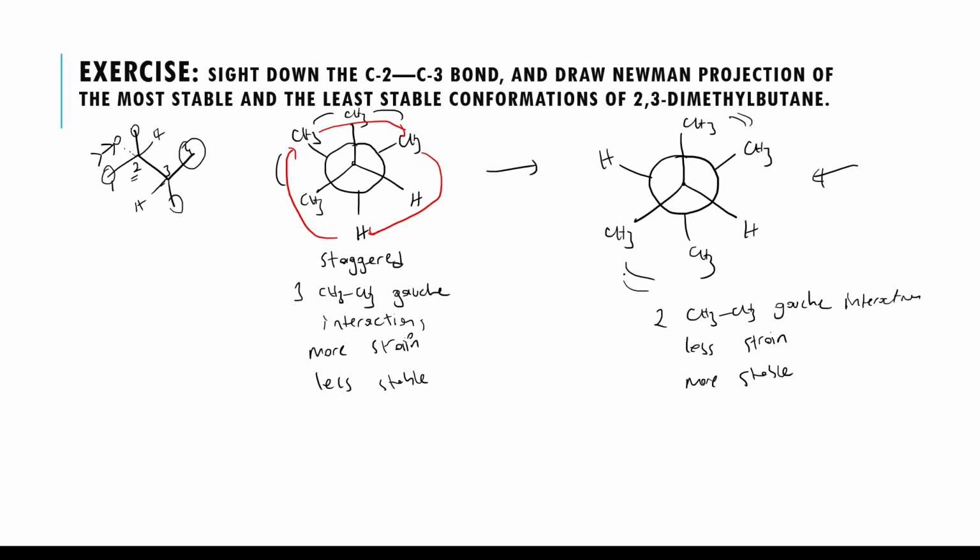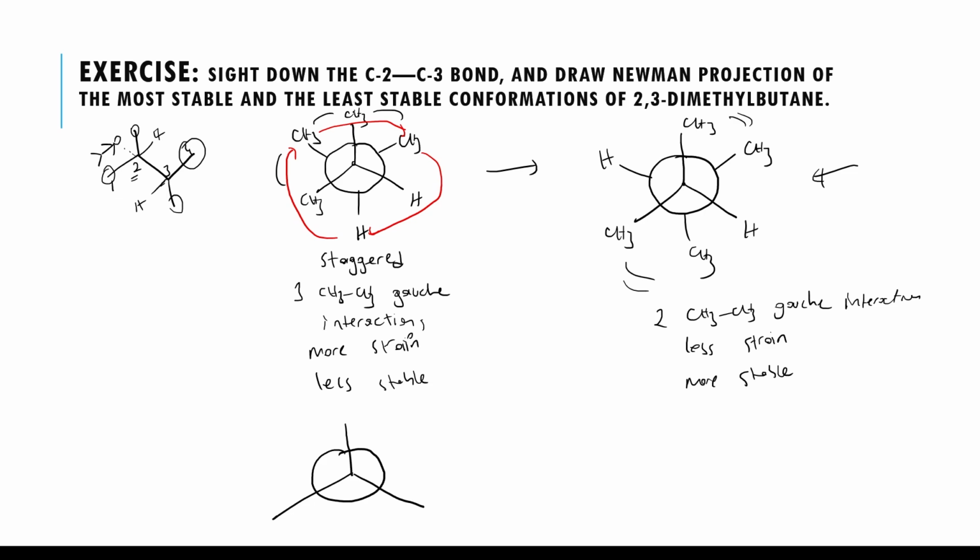Now we have to draw the least stable conformer of 2,3-dimethylbutane. We know that eclipsed conformers are generally the least stable conformers. So let's draw here a template for an eclipsed conformer. Okay, so this is the front one.